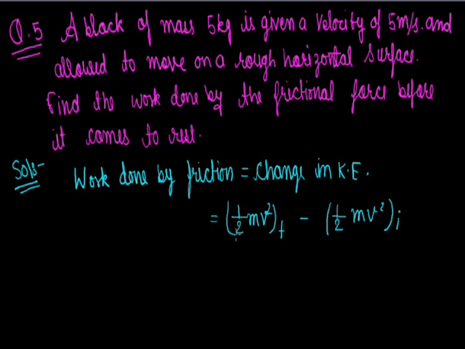As the final velocity is 0, the final kinetic energy will be 0 and the initial kinetic energy, mass is given in the question 5 kg and v is 5 into 5. By solving this, we get 125 by 2 joule.